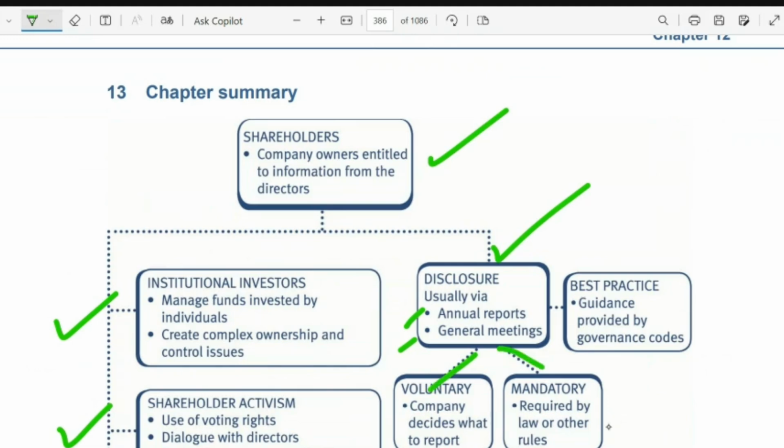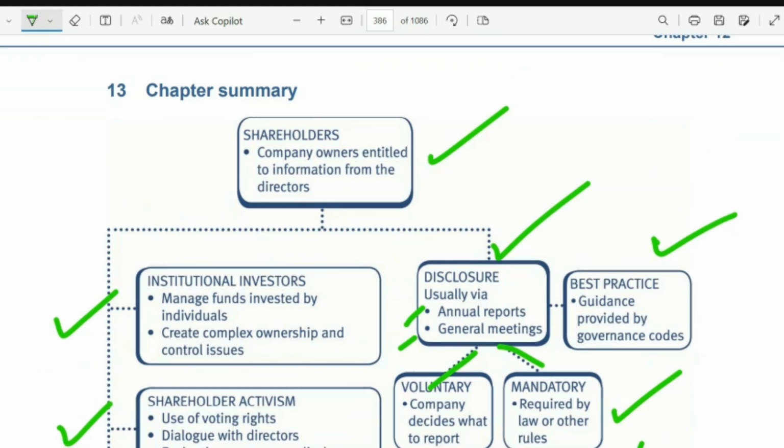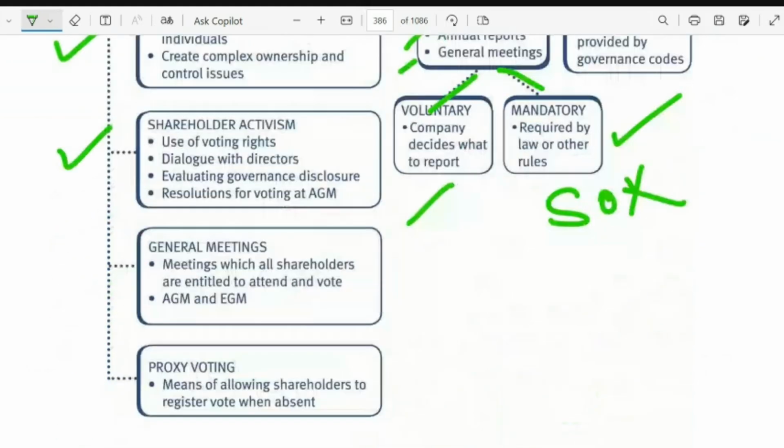Mandatory, required by law or other rules like Sarbanes-Oxley. Best practices are there. Voluntary, already discussed. Company plans, their future plans, their cash flow statement, their expansion, new product inventions or new developments, their website updates, general meetings, proxy voting.